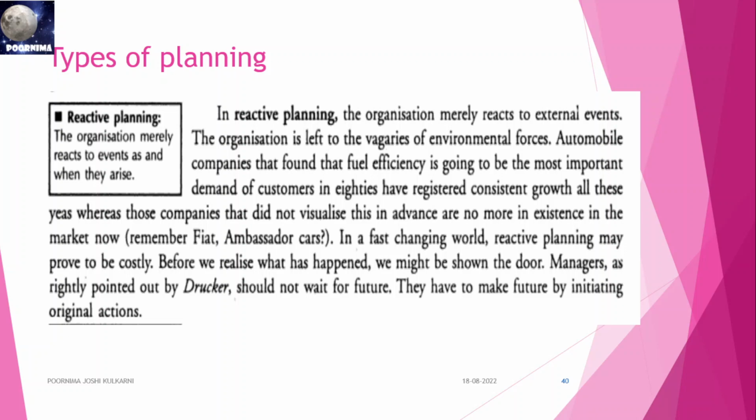These environmental forces, they quietly observe what is happening. They can't do anything. Automobile companies that found that fuel efficiency is going to be the most important demand of the customers, ITs have registered consistent growth, whereas those that did not visualize this in advance are no more in existence in the market now. Fiat, Ambassador cars are no more now because of fuel efficiency.